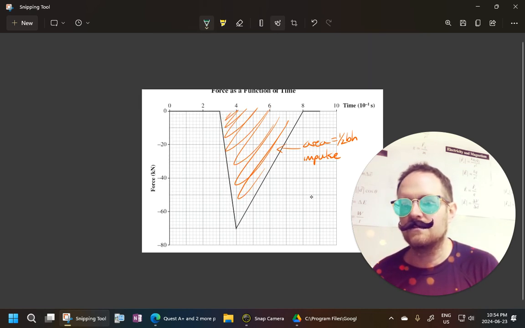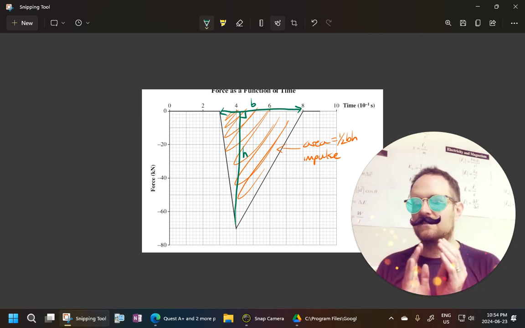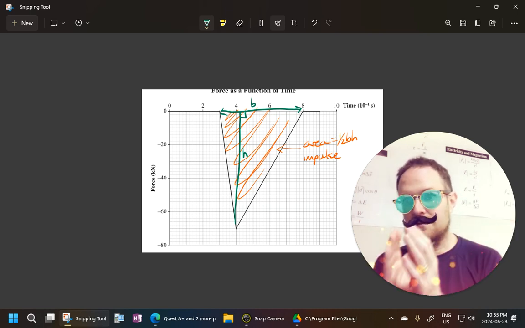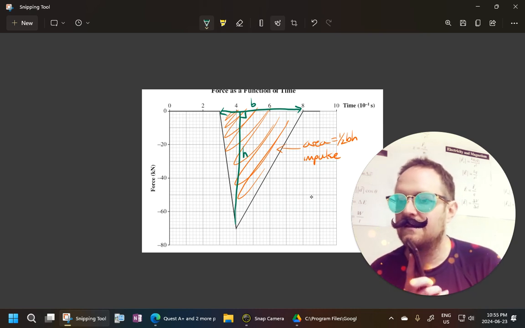Let's go with this kind of greeny color here. So that's going to be my height. And then my base is going to be from here to here. So as long as they meet at 90 degrees, it doesn't matter if they meet at the end of the base or in the middle of the base somewhere. So the area is going to be pretty easy. So 1/2 base.